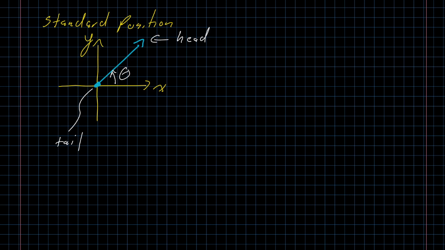So if I have a vector which is 3.5 centimeters at 53 degrees, well, 53 degrees is an angle about that, and then measure along that line a distance of 3.5 centimeters.